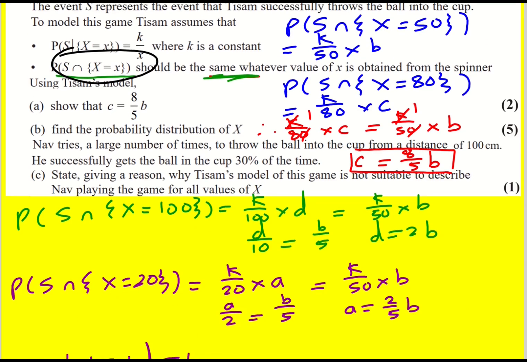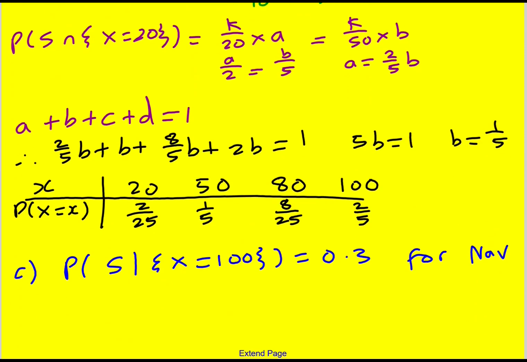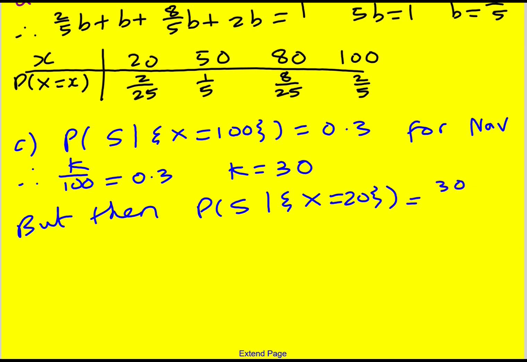But we actually know that that is k over x. So therefore, k over 100 equals 0.3 and k equals 30. But then the probability of scoring given that x equals 20, if we're closer, is going to equal 30 over 20, which is greater than 1.